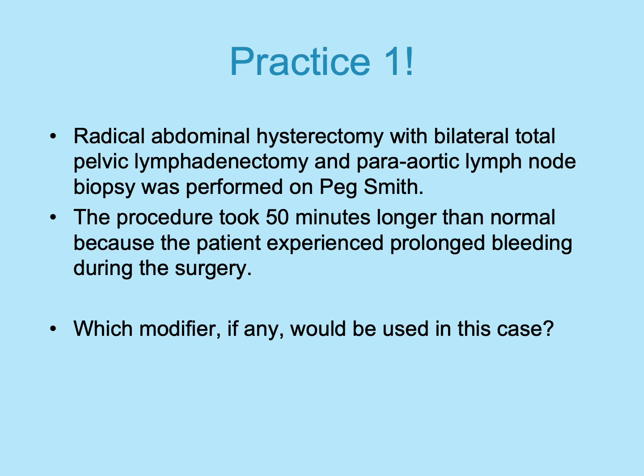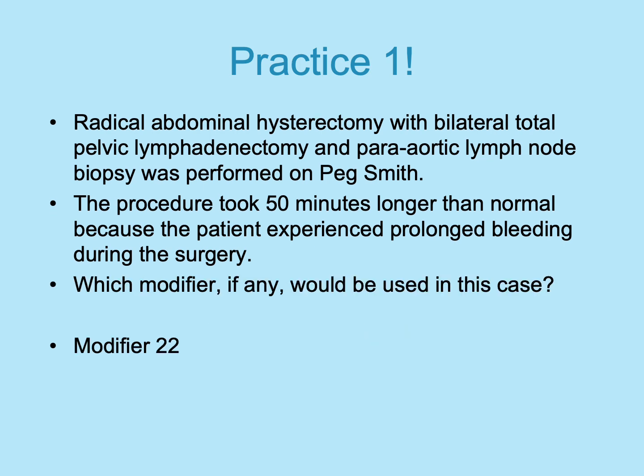What modifier, if any, would be used in this case? Okay, let me wait a second, think about it. Okay, this is a 22, and that's because longer than usual, longer than normal. So that's the 22, right?